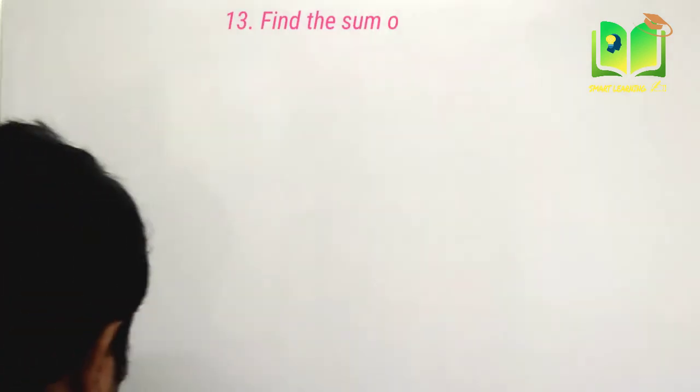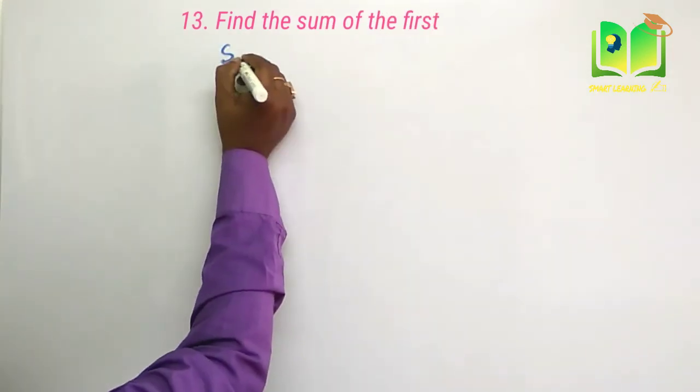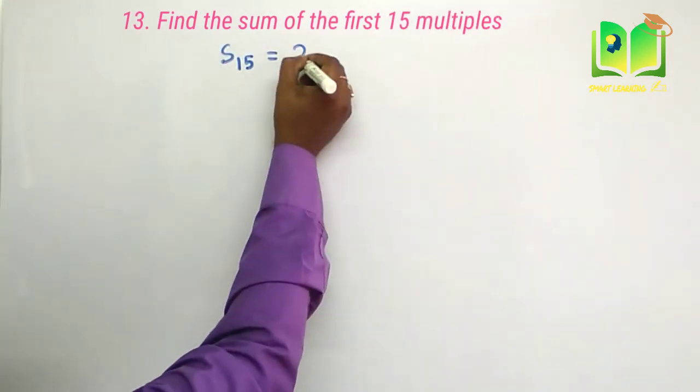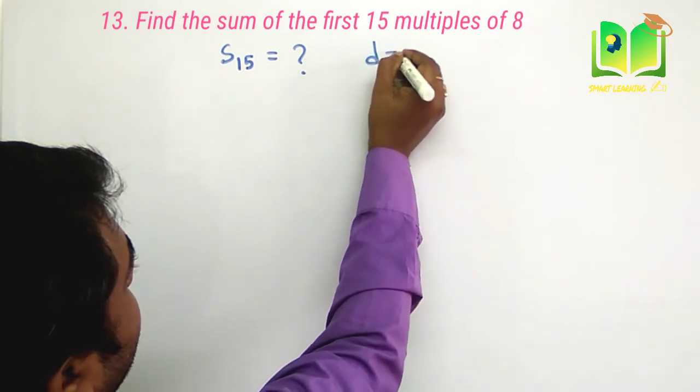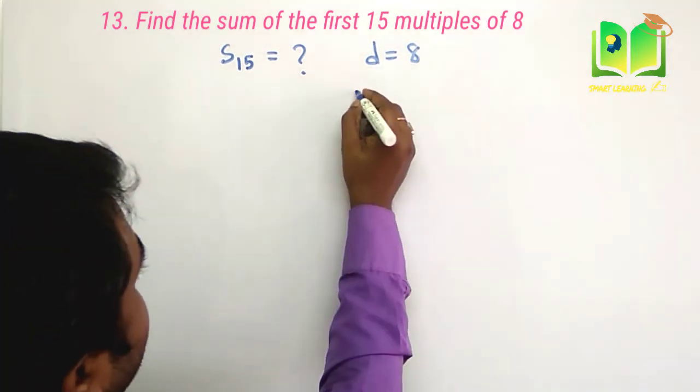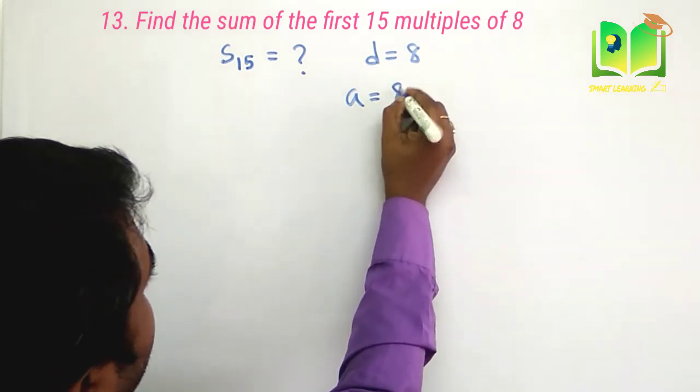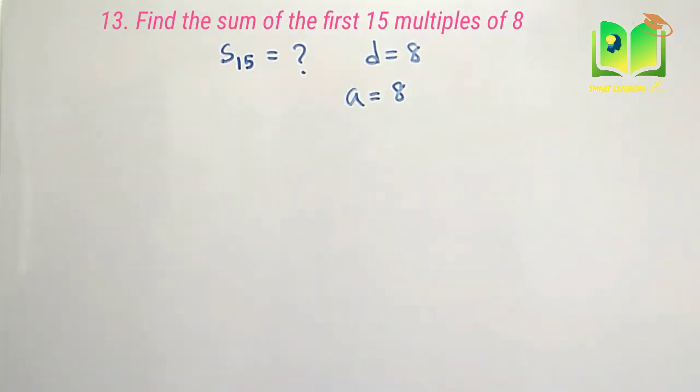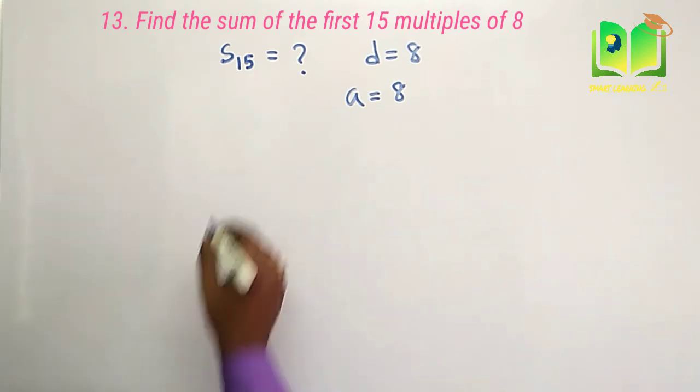Next question is what? Find the sum of first 15 multiples of 8. Means your question is find S15 when d equals to 8. So first value which is divisible by 8 or multiple of 8 is what? 8. So definitely your a also will be 8. So what to do?